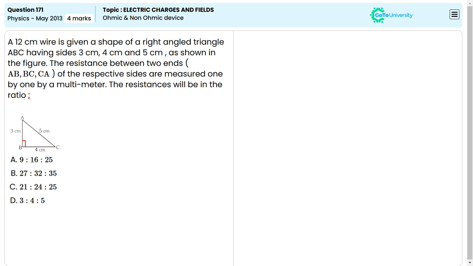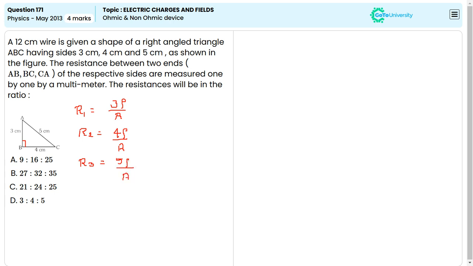Then the resistance of side AB, that is R1, we can write as 3 times rho divided by A. The resistance of BC, that is R2, is 4 times rho divided by A. And R3, the resistance of AC, is 5 rho divided by A.